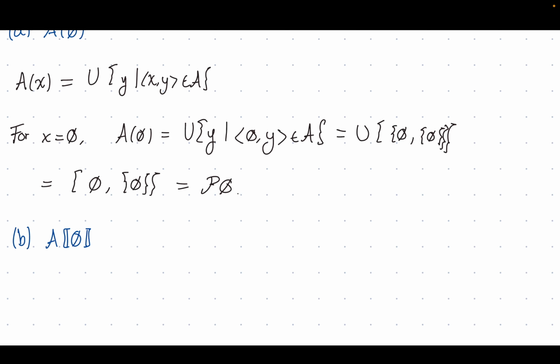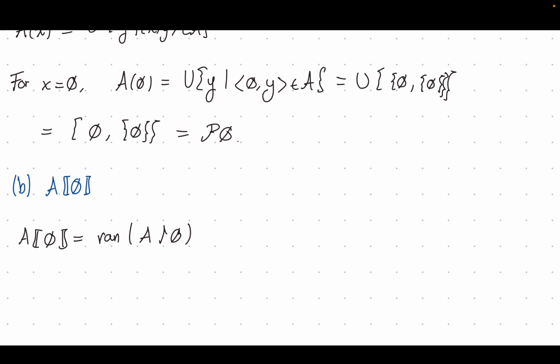So this is going to be equal to the range of A restricted to the empty set, which is equal to the set of V such that there exists some U in the empty set such that U A V. I'm just ripping these definitions straight from Enderton, by the way.